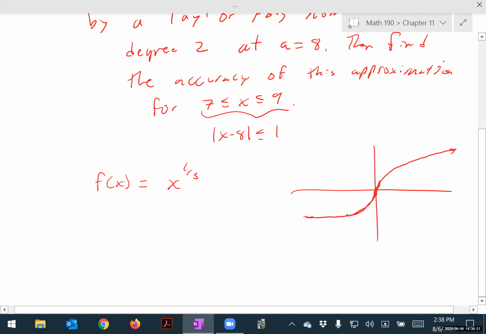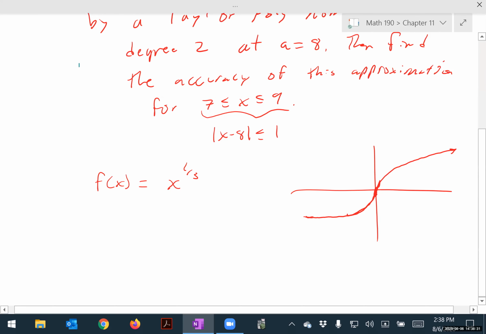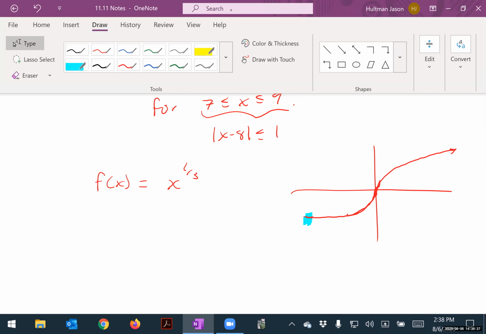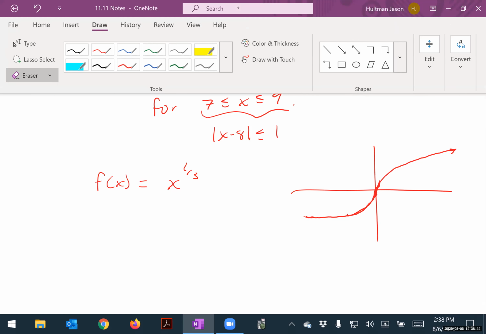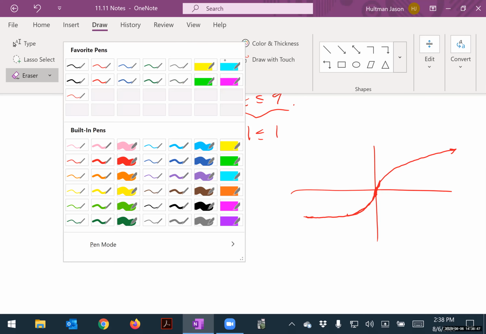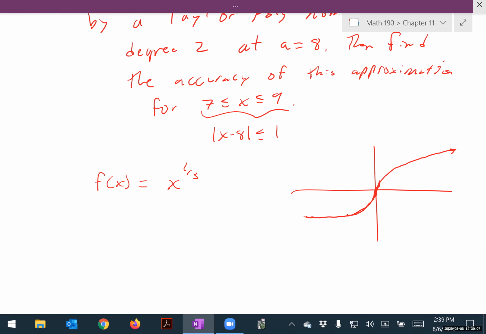Let me see what I can do with this. Nope, that's not what I wanted. White pen is what I want. Is there a white pen? Give me a white pen. Come on. Oh, here we go. Nope, go back.